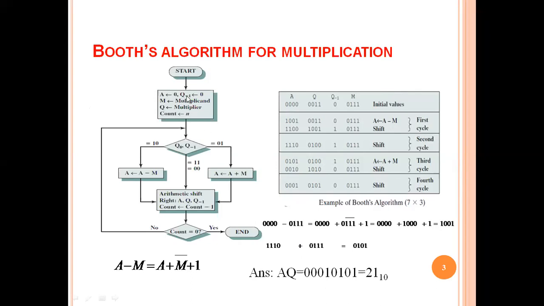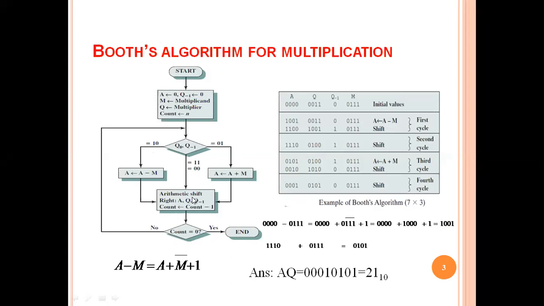Now this is called the initialization. After initialization, we have to check the value of Q0 and Q minus 1. Q0 means the value at the Q0 position, and the value at the Q minus 1 position. If they are 1 and 0, that means Q0 is 1 and Q minus 1 is 0, then we will do this operation, A is equal to A minus M, and then we will do the arithmetic right shift.